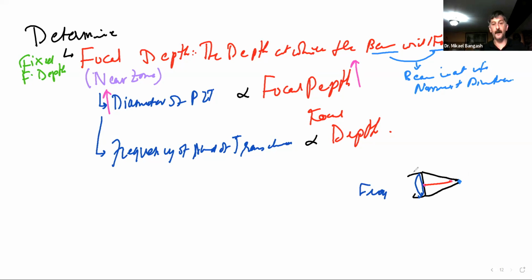Whereas if you went the other way, it would focus at a shallower depth if the PCT had a smaller diameter. And the same will also apply to the frequency. Now, girls, please keep in mind, we are not talking PRF. We are talking frequency.